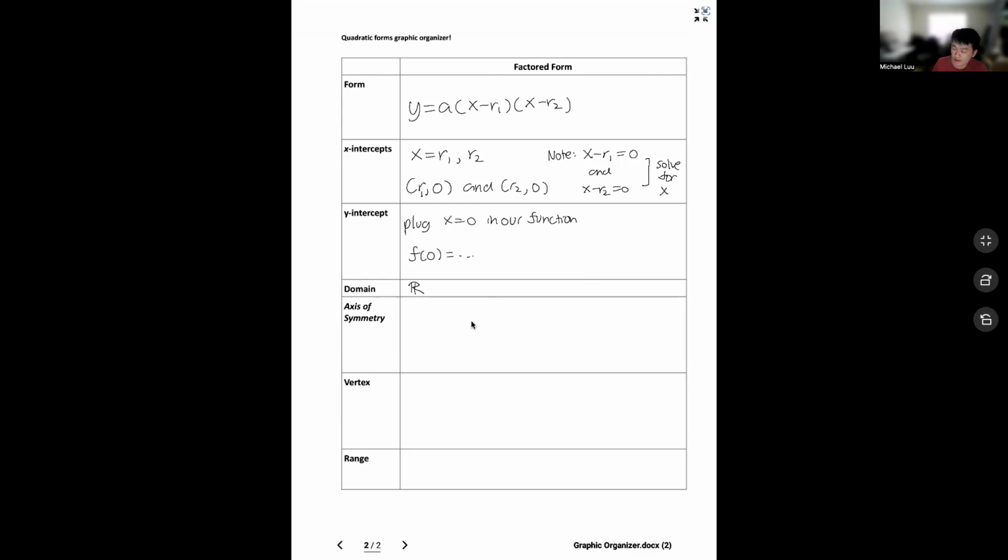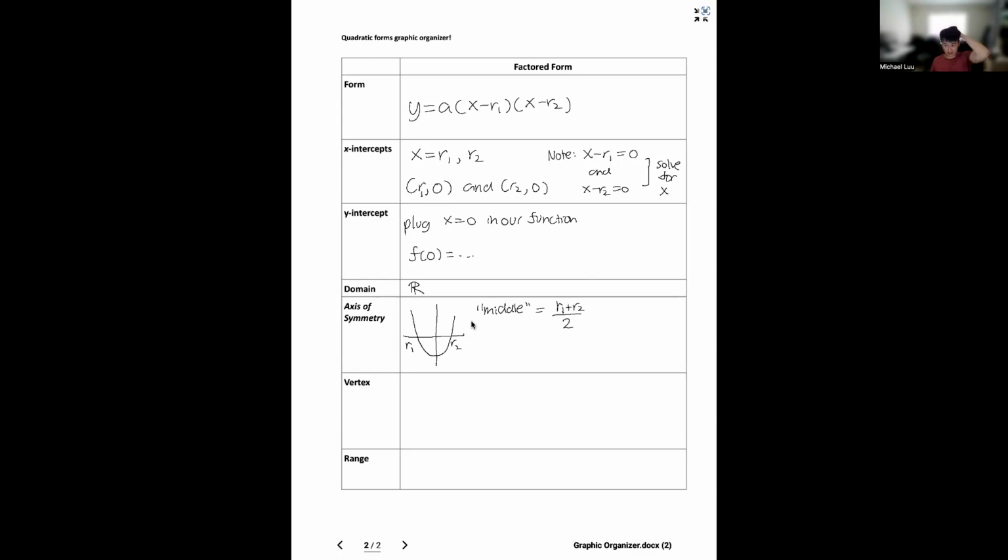For the axis of symmetry, this is the hardest one. But basically, we remember that if I have something like this with r1 and r2, my vertex is always going to be in the middle of it. So if it's the middle, there must be an equation for it. And there is. It's just the sum, r1 plus r2 over 2.